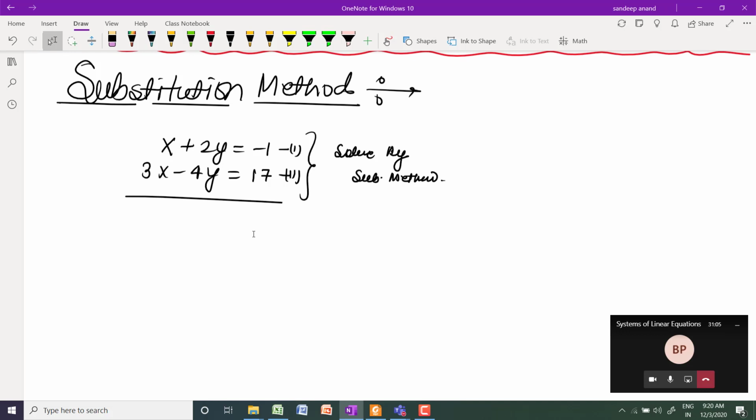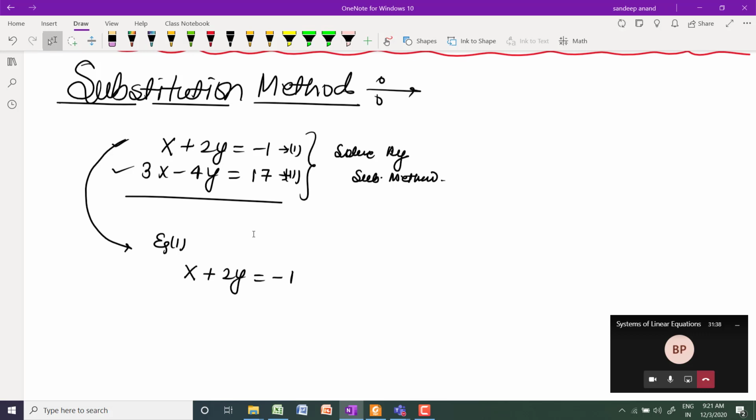In the substitution method, you first take any of the equations, either equation 1 or 2, and find out one variable value with respect to another variable value. Suppose I am taking equation number 1: x plus 2y is equal to minus 1.